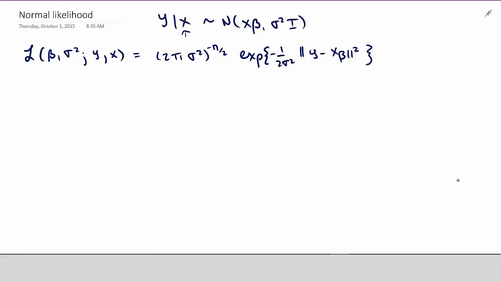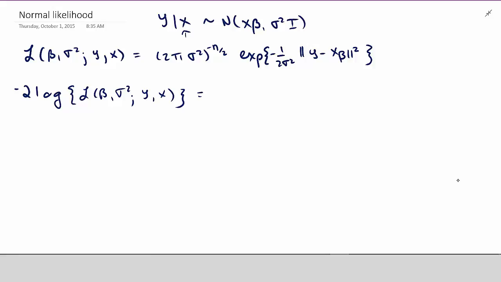But in this case, rather than maximize the log of the likelihood, I'm going to minimize minus twice the log of the likelihood. Minus twice the log of the likelihood is called the deviance.